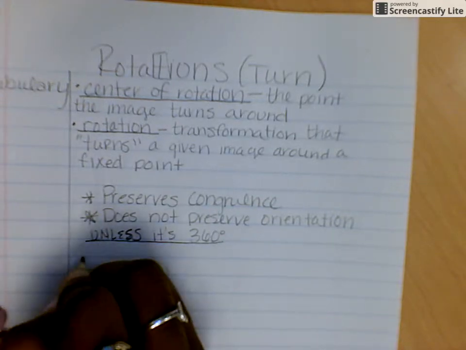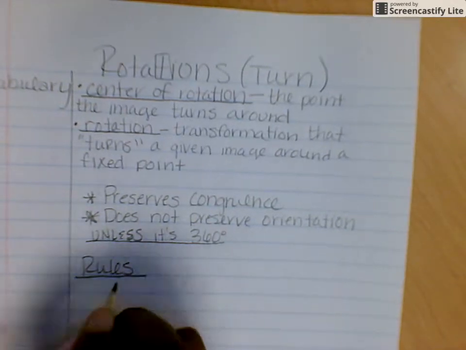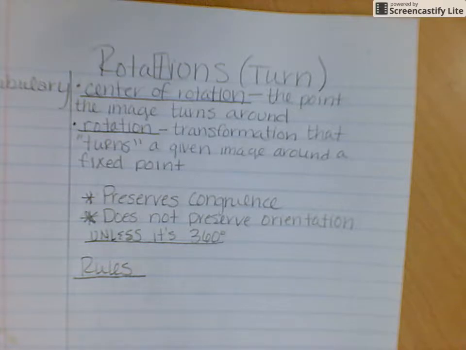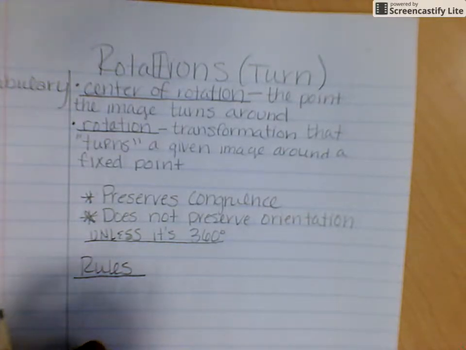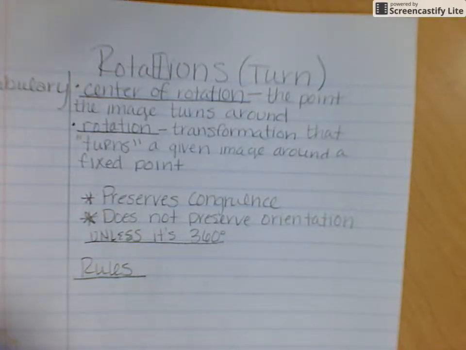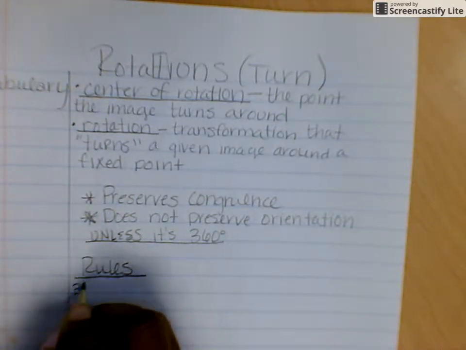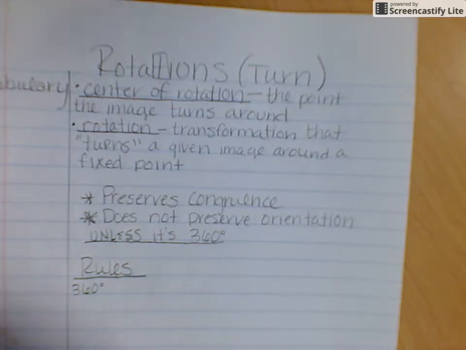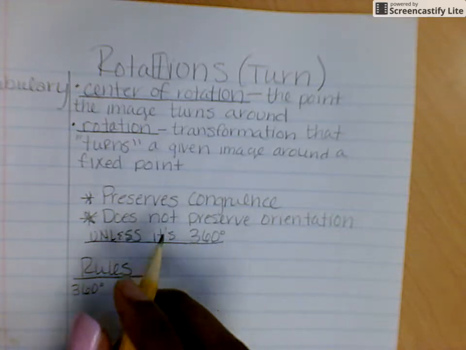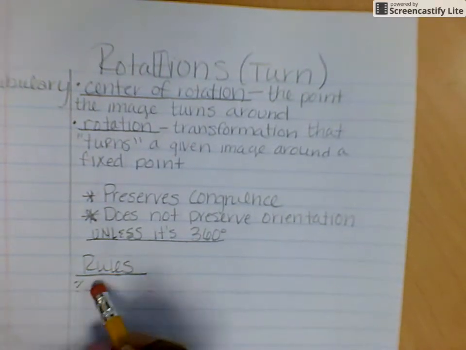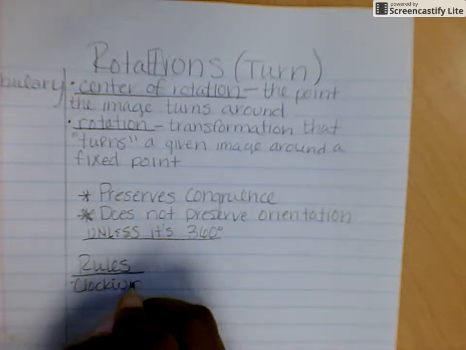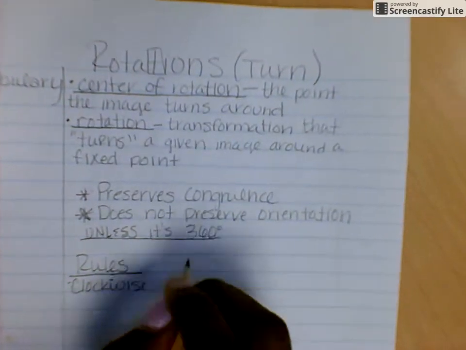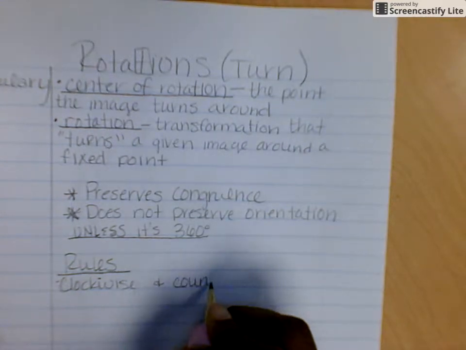And now we're going to have some rules. So let me ask you this. A skateboarder, when they do a trick, how many degrees do they do when they turn all the way around? Hopefully you said 360 degrees, a full circle. Okay. Now the rules are for clockwise, and then we have counterclockwise rules.